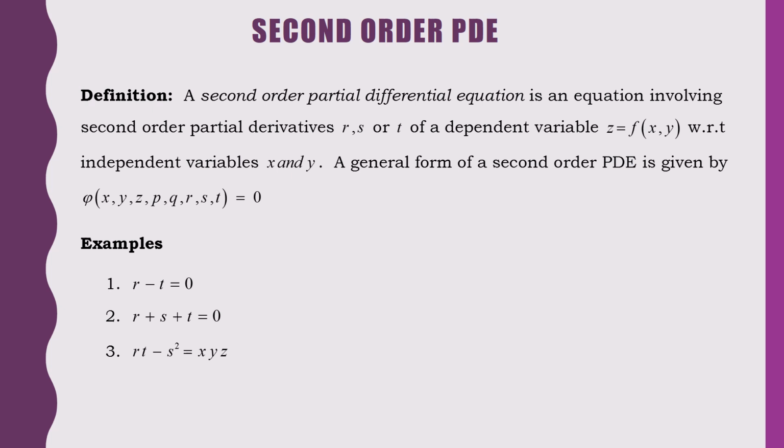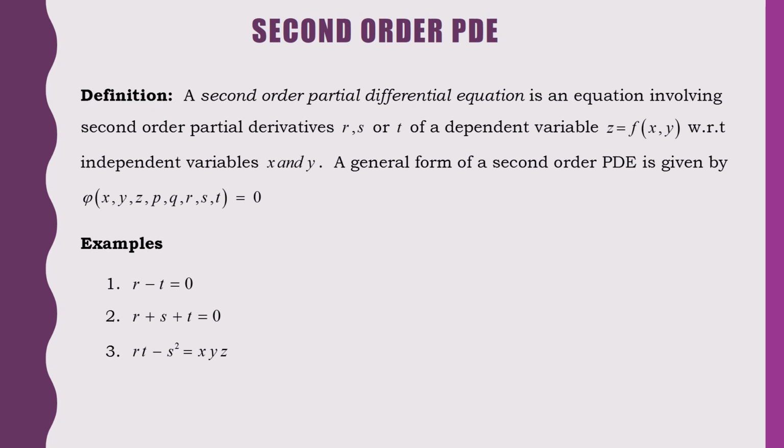The general form of a second order PDE can be written as phi of x, y, z, p, q, r, s, t equals 0. In this equation, at least one of the second order partial derivative terms r, s or t must be present.